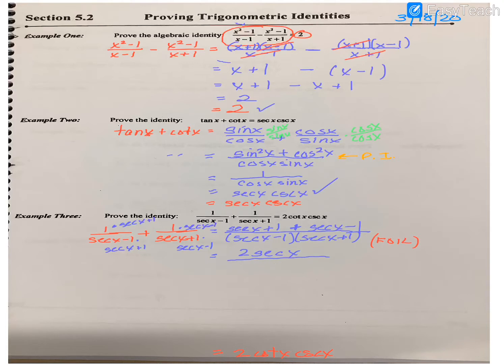So if we FOIL, secant x times secant x is going to be secant squared x. When you do the outsides, secant x times 1 is secant x. When you do the insides, minus 1 times secant x is minus secant x. So since these are conjugates, remember they cancel. Minus 1 times positive 1 is a minus 1.